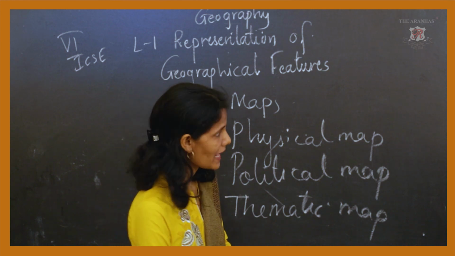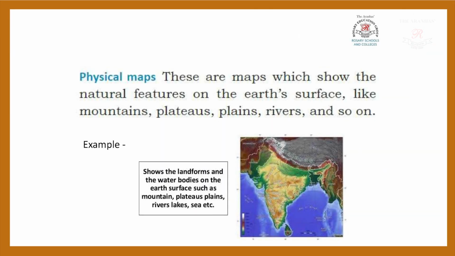Here is an example. You can see it shows the landforms and the water bodies on the Earth's surface such as mountains, plateaus, plains, rivers, lakes, sea and so on. That picture is about a physical map where mountains, plateaus, plains, rivers and lakes are marked.